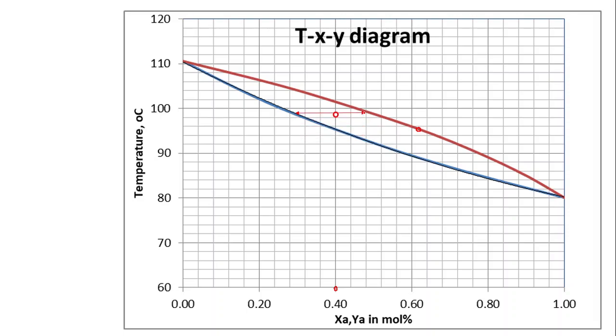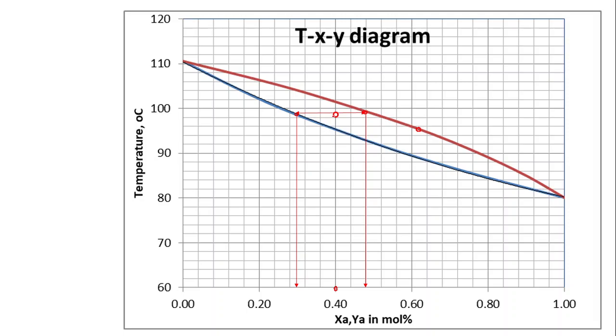This will be the vapor composition, and this will be the liquid composition at that condition. In the liquid it is about 28% A, and in the vapor it comes around 50% A. So this is the case at this temperature.